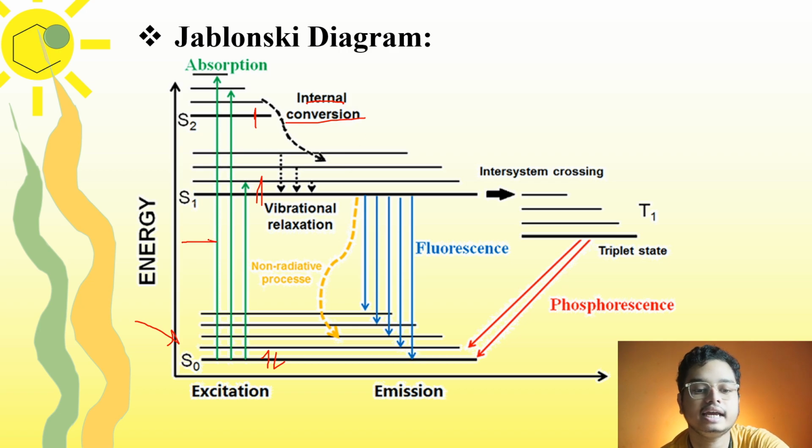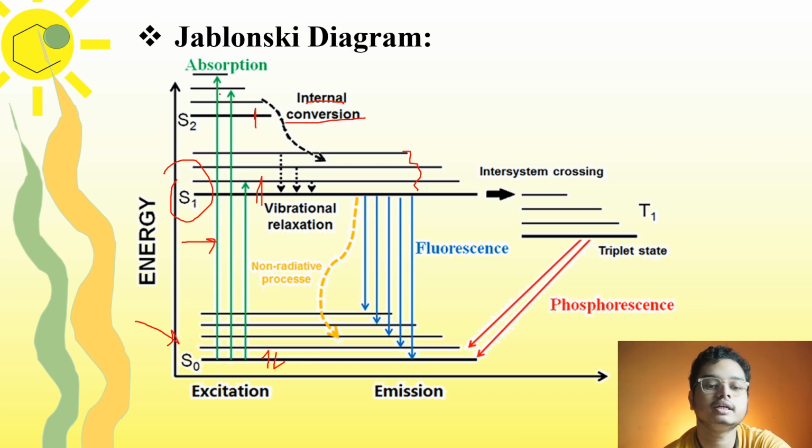This green line signifies the absorption. A ground state electron, depending upon the energy given by the electromagnetic radiation, that is the UV radiation, can go via different vibrational states of different electronic states, that is S1 or S2, and these lines signify different vibrational states.